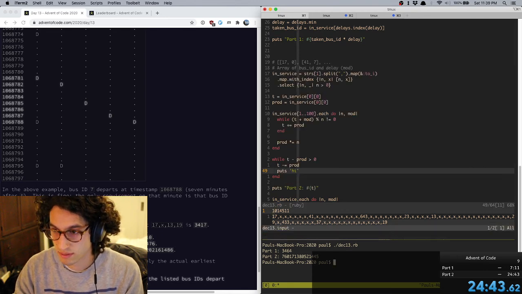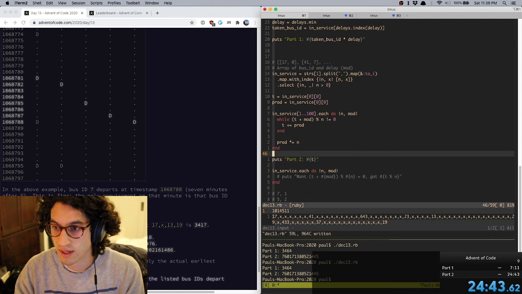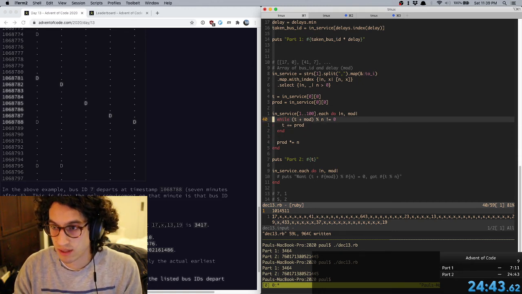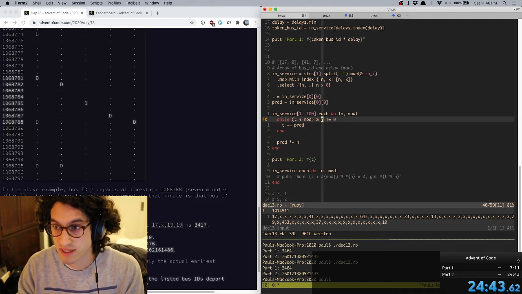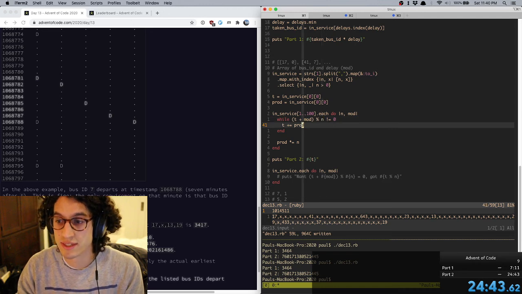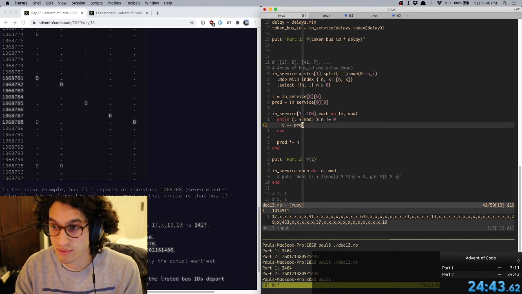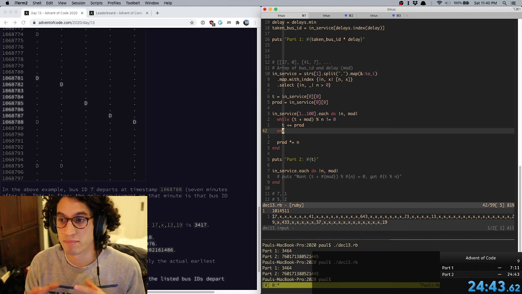Oops. I don't think so. While the timestamp plus the delay is not divisible by the bus ID, we need to take a big stride. Then once we get to the end, we've locked in that bus.